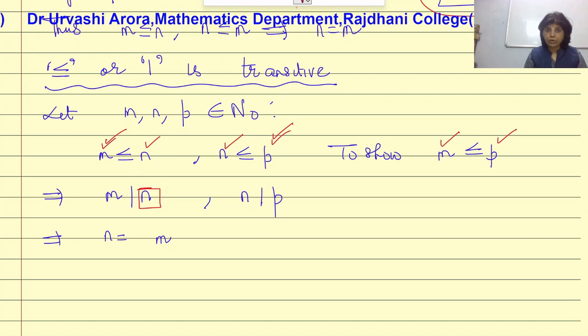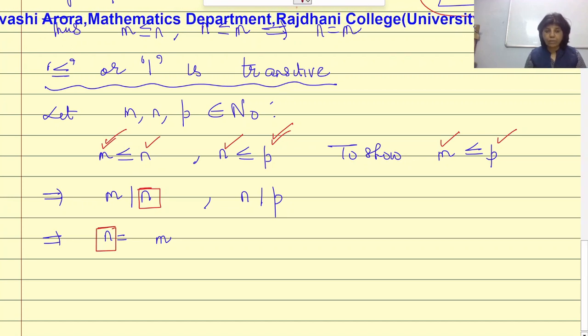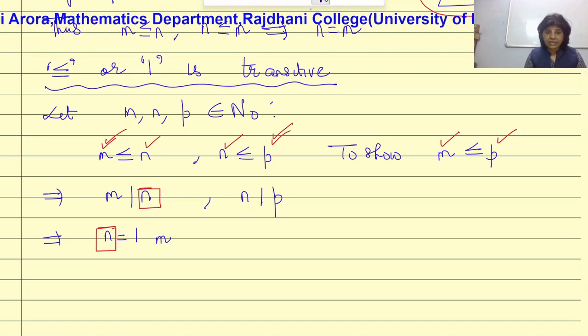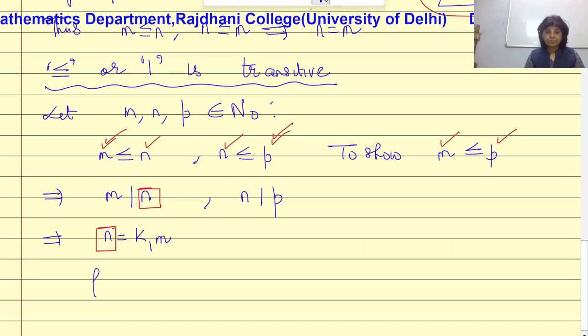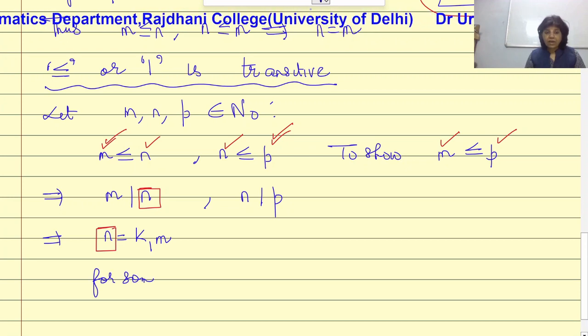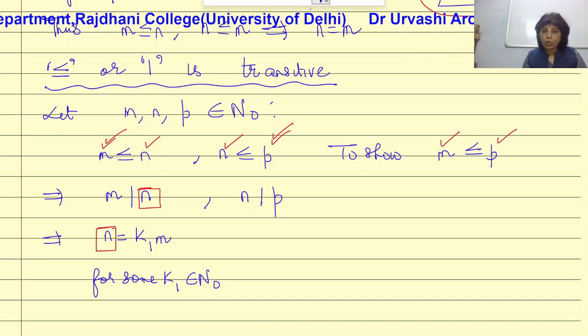So this particular m on the right, I should be able to write something into m, and that something I am calling, let's say, k1, for some k1 belonging to the underlying set, and the underlying set is N naught, which is the set of whole numbers.